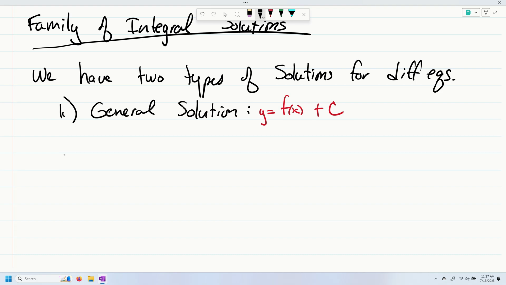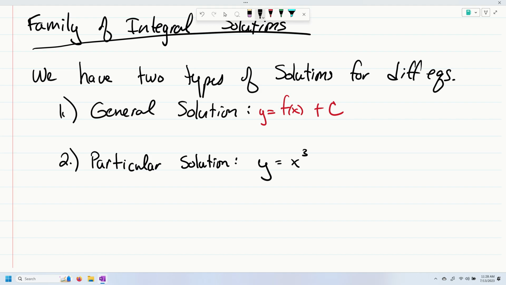Then you have the second type. The second type is what we call a particular solution. Now, a particular solution is where you have basically a specific solution or a specific part of the graph that you want.